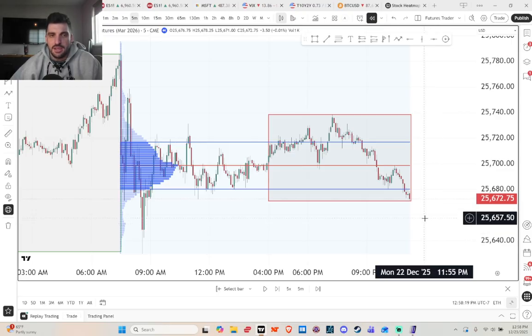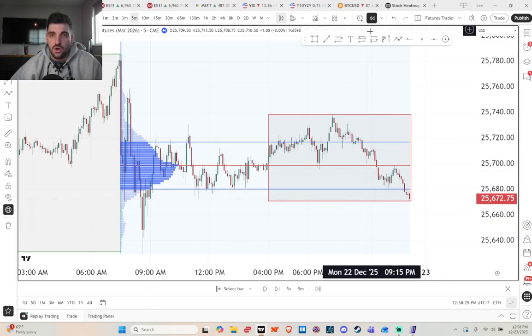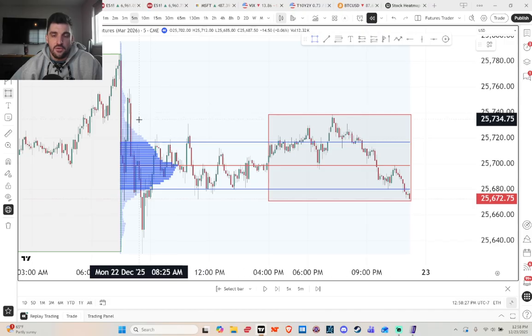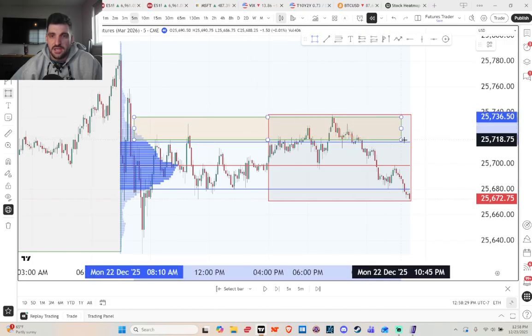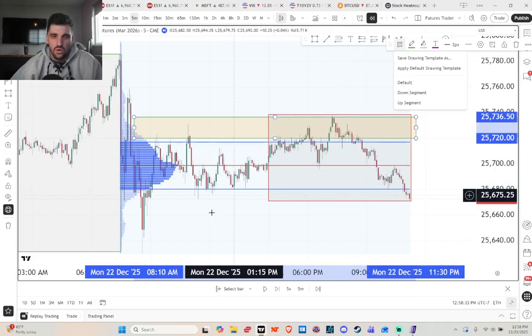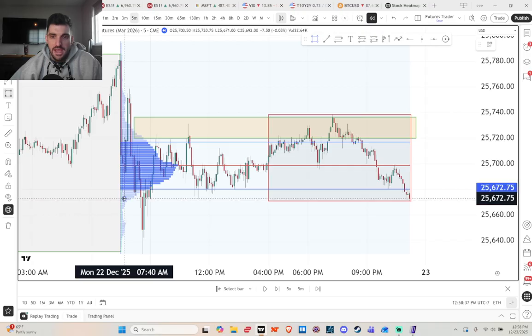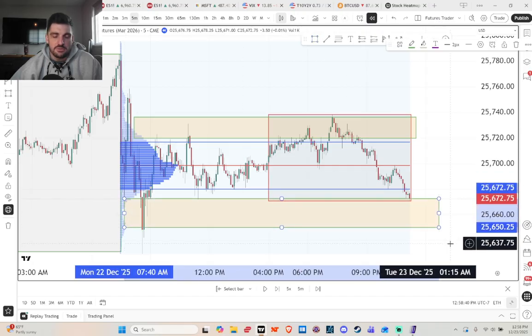Now you have to implement your various strategies in order to capture these opportunities accurately, but you know when you should start looking for opportunities to fade the market down towards the mean or to buy the market back up towards the mean, right? And it's going to be outside of the value area in both examples.